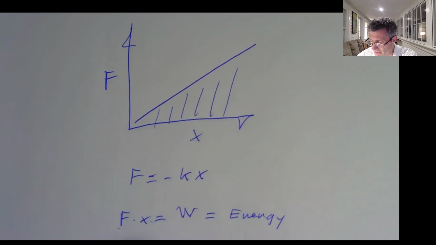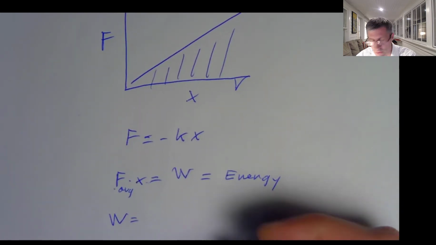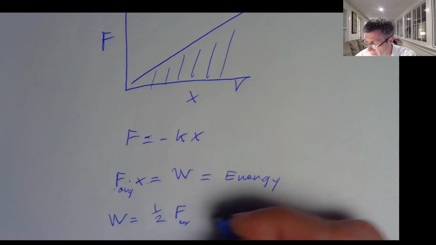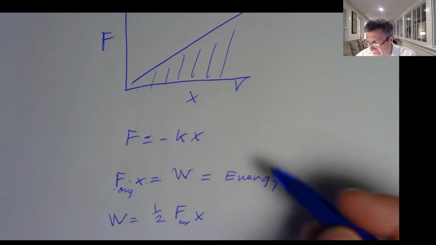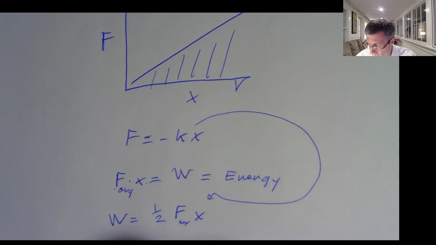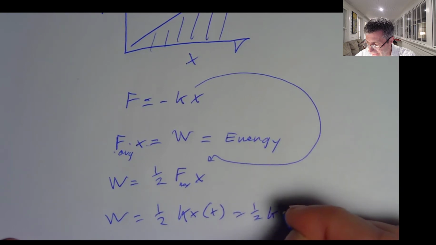So my work is going to be either my average force, or one half my maximum force, times my distance. What's my maximum force? Well, it's going to be the force at that distance, so I can plug this in. My work is going to be one half k times x times x, or one half kx squared.